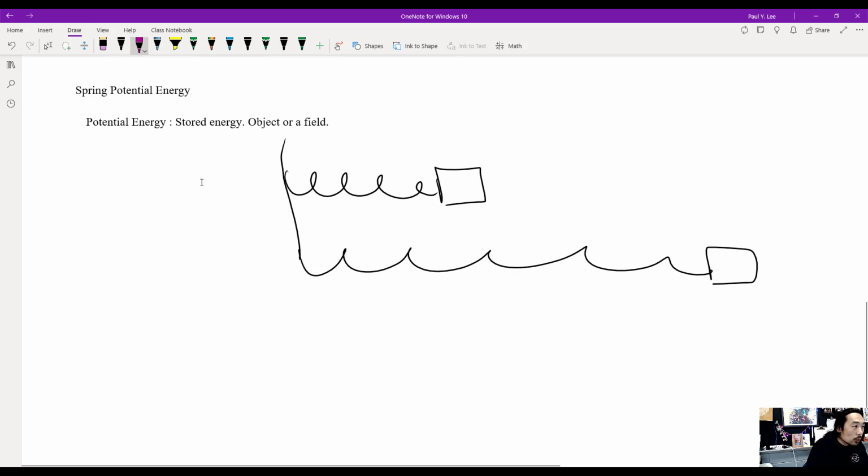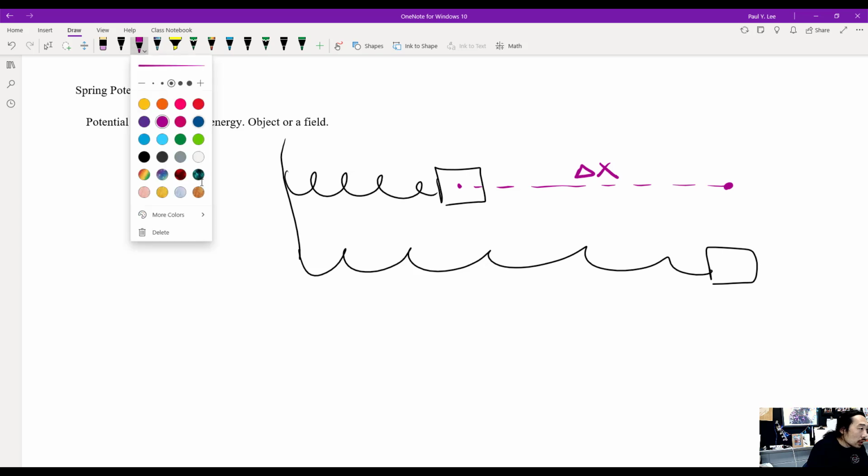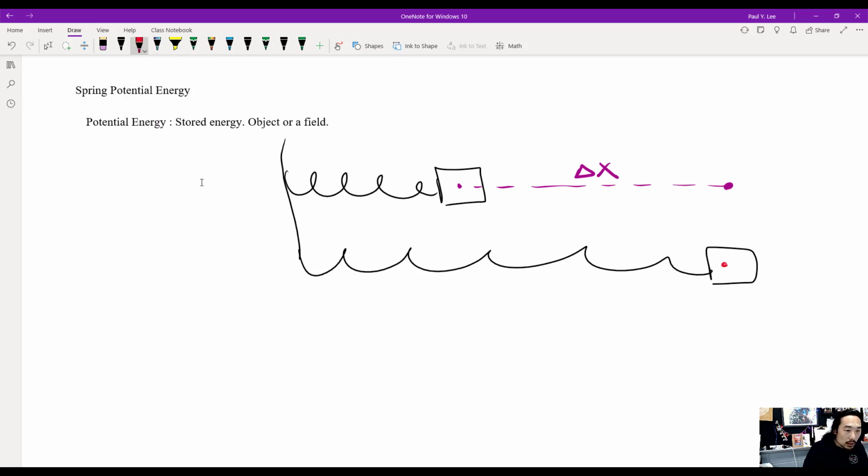If I were to diagram this drawing, I would say that from there to there, this is our delta x, and when it is at this final position, the spring is going to pull back F of s in this direction. The purpose of this diagram is to show you that when you stretch a spring over a certain distance, what you end up with is work. You are doing work to the spring.